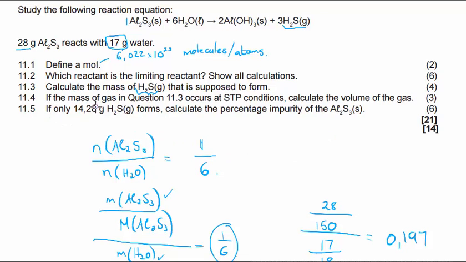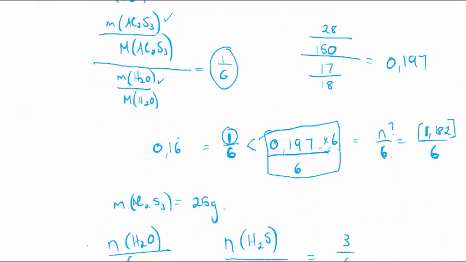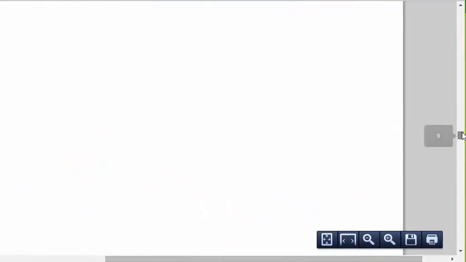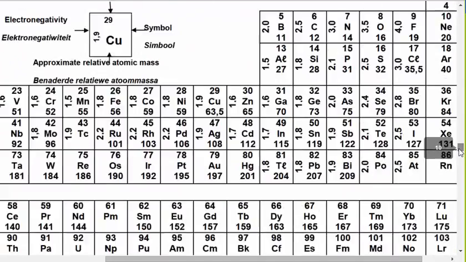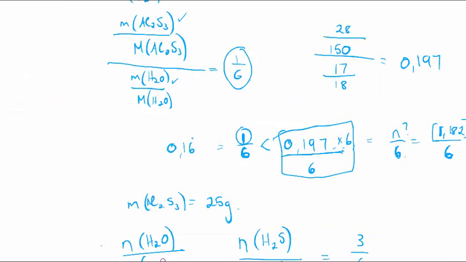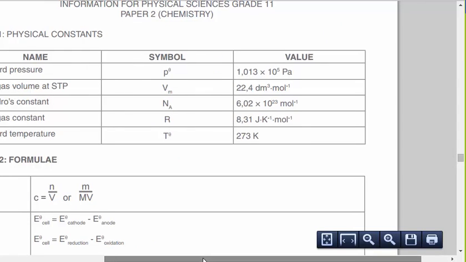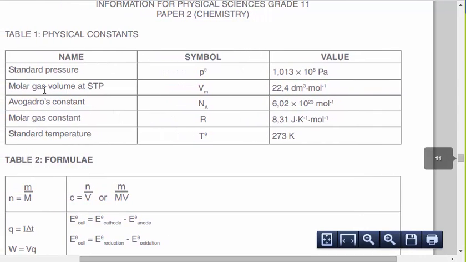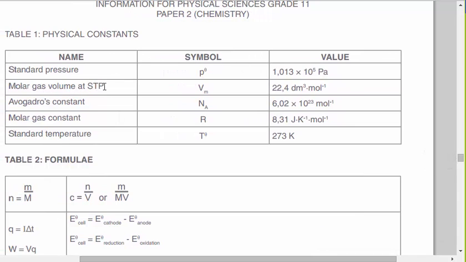Okay. If the mass of the gas in question 1.3 occurs at standard conditions, calculate the volume of the gas. So I want to show you here, we are given a molar gas volume at standard temperatures.